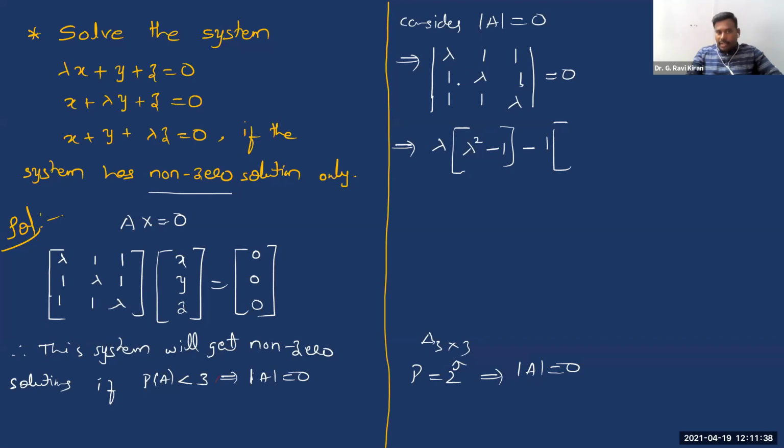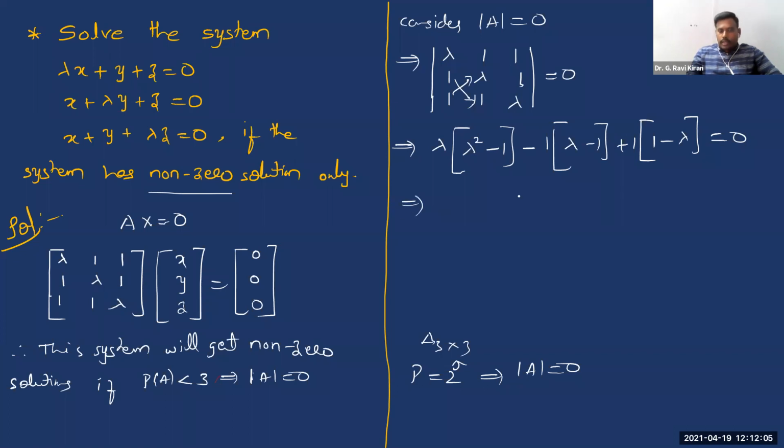Now leaving the second column, we'll get it like this, 1 into lambda minus 1 into 1. So it is lambda minus 1. Plus 1 into, now you need to leave the first row and third column. Now leaving the first row and third column, what you get here is 1 into 1 minus 1 into lambda. So it is 1 minus lambda. And you are equating this to 0.